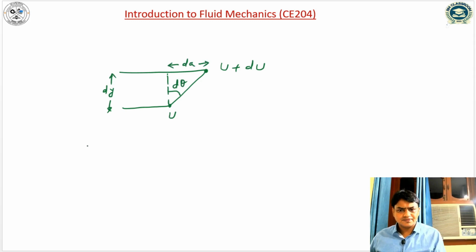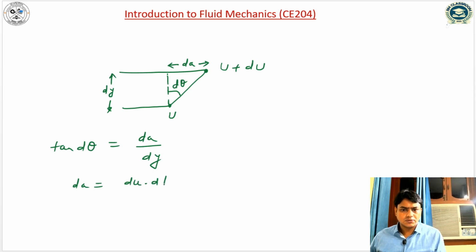So we can write tan d theta is equal to dA by dy. And what is dA? dA is u plus du minus u into dt. So dA is equal to du into dt. So we can write d theta is equal to du into dt divided by dy.